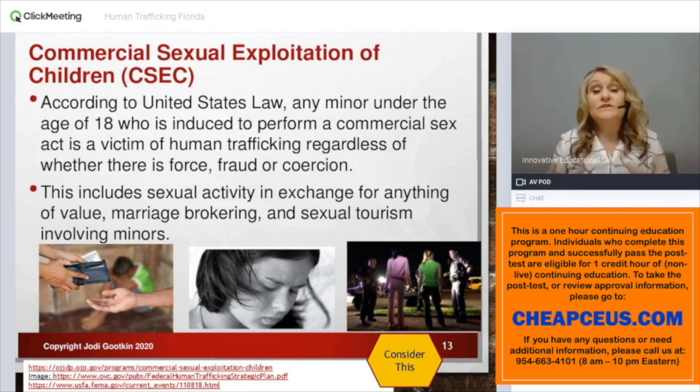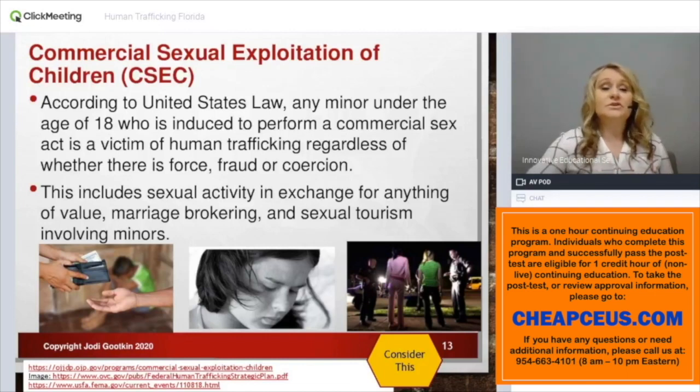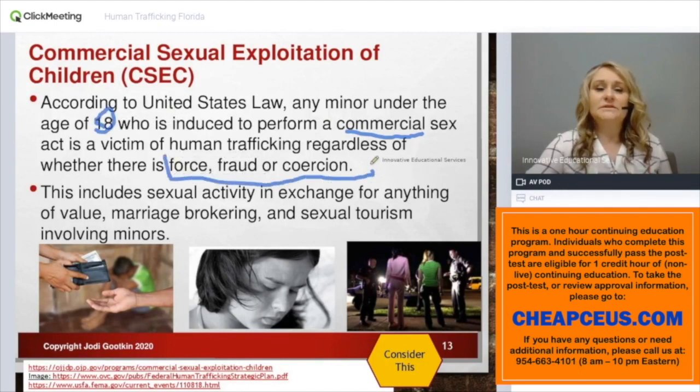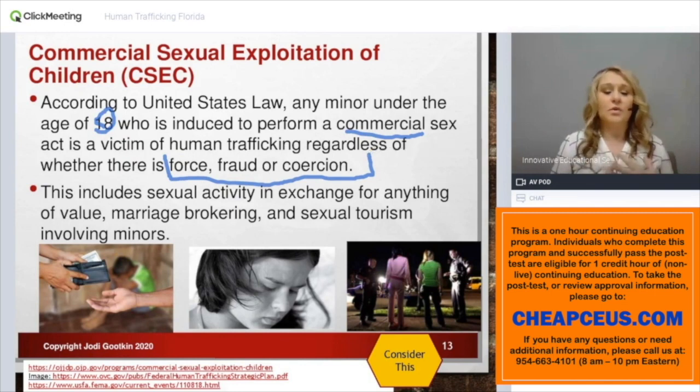If their perception is they're being treated well, anytime there is a commercial sex act performed by a minor, it is considered sexual exploitation. There does not need to be any evidence of force, fraud, or coercion. And this is important to recognize, that these cases must be reported because these individuals are being exploited. They're minors. They cannot make that decision to participate.